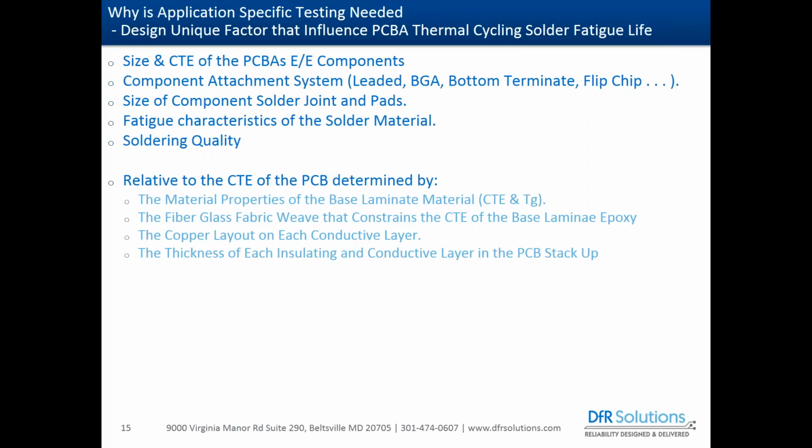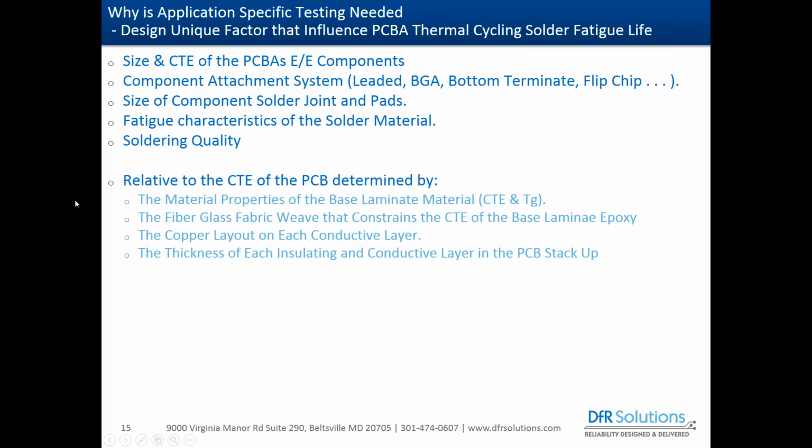However, they're usually more susceptible to fracture than they are to fatigue. And then there's always the quality of the soldering. Did you get good solder joints with a good metallurgical bond and adequate bulk to give you the desired degree of attachment strength?